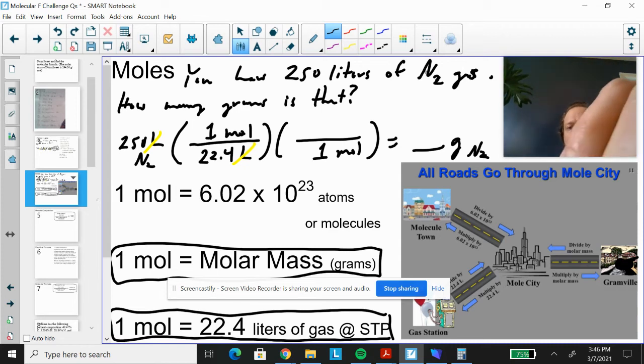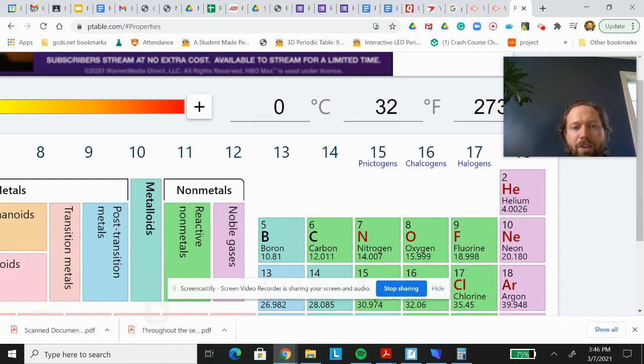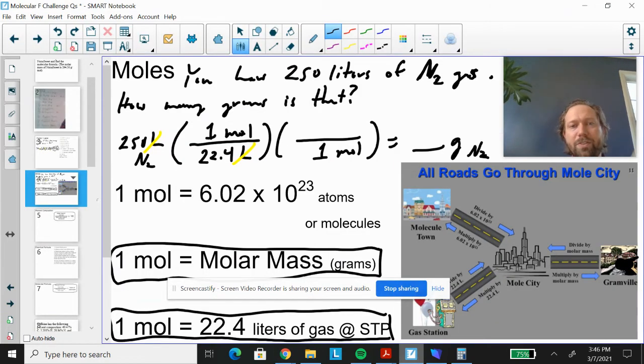Well, what's the molar mass of N2? Well, let's take a look. N2, nitrogen. Nitrogen is 14 grams, and there are 2 of them, N2. So that means it's 28 grams of nitrogen for every 1 mole. I can cross out my moles now, and I'm left with grams. Beautiful.